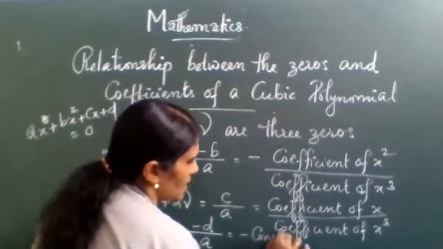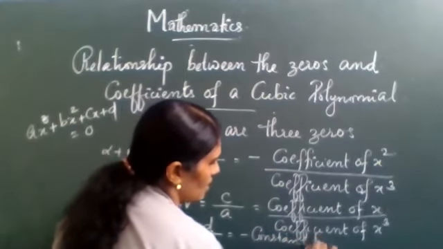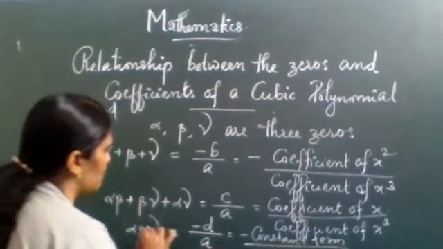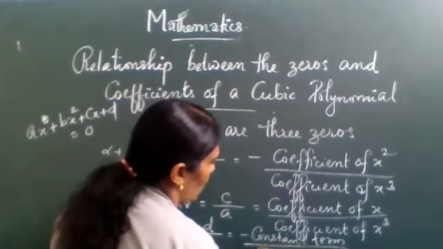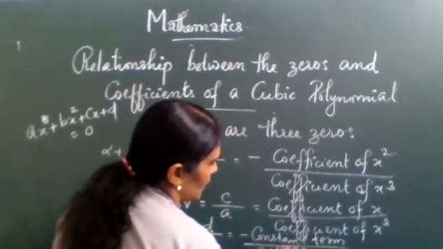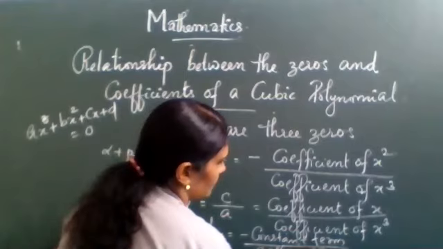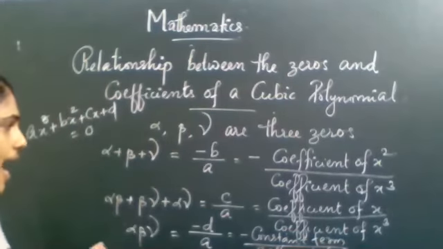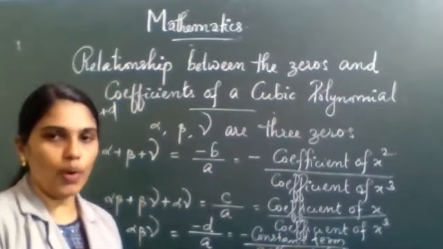Minus of the constant term by the coefficient of x cube. These are the relationships between the zeros and coefficients of a cubic polynomial.